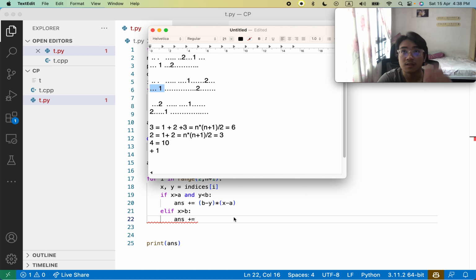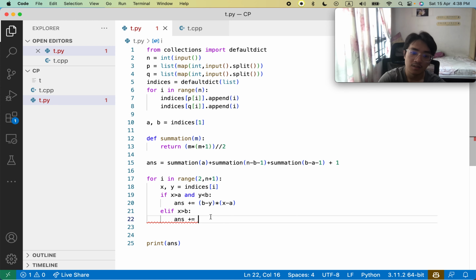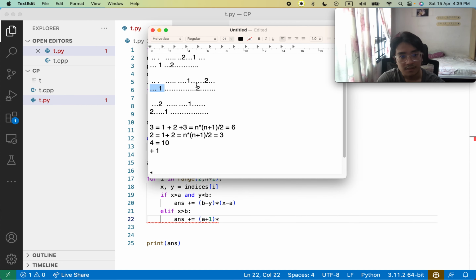So if 1 was at 0, then you would not multiply by 0, you multiply by 1, because there's nothing before it. But if it was at position 1, you multiply by 2, because you have the option of starting from 0 or 1. So a plus 1 multiplied by the difference between here and here.